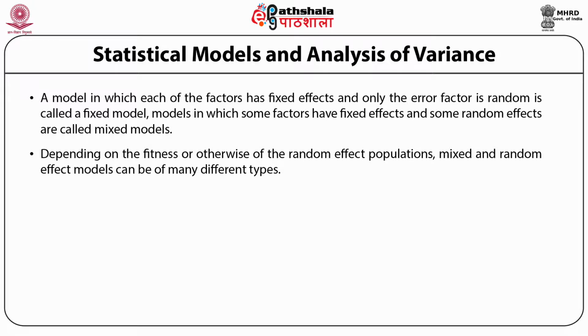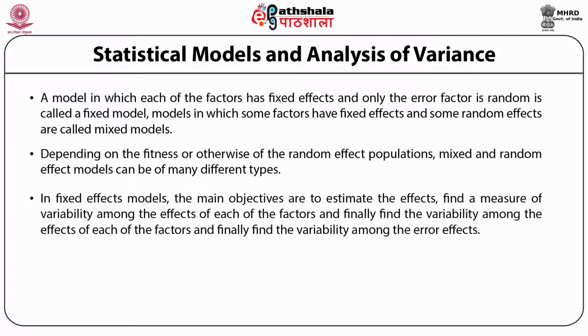In fixed effect models, the objects are to estimate the effects, find a measure of variability among the effects of each of the factors, and finally find the variability among the error effects. In random effects models, the main emphasis is on estimating the variability among the effects of the different factors.